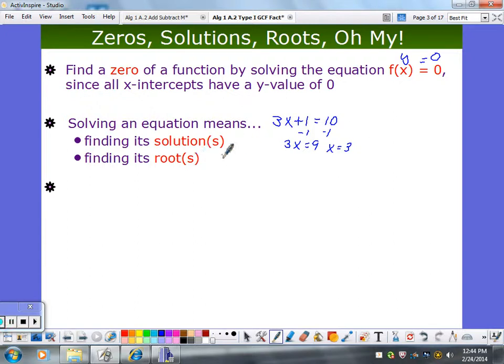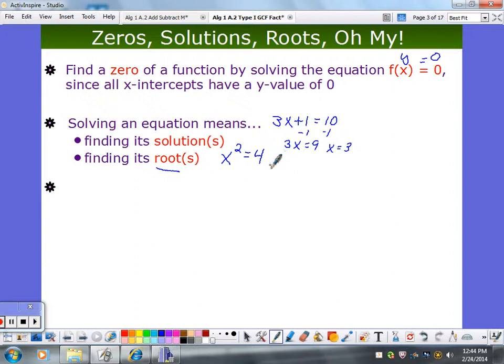Let's see it by doing this. If you have the equation x squared equals 4, how do I undo squaring? If you square something, what's the opposite? Square root. The word root.